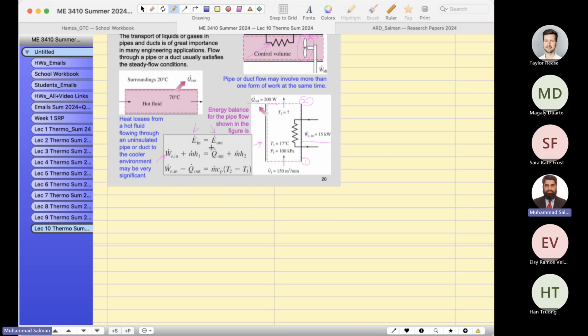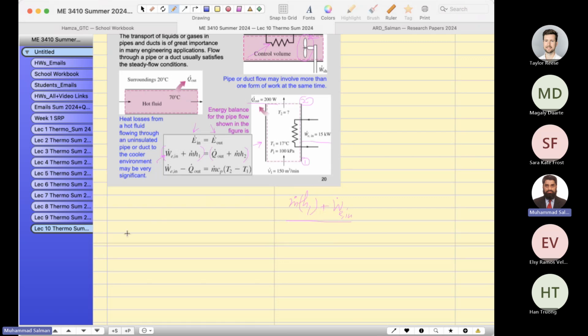So whatever is exiting is on the right hand side. Even the fluid itself contains energy in terms of enthalpy. You see my point, guys? So this is the energy which is carried by the fluid itself, other than the externally applied energy. This is how you complete the equation of the first law of conservation of energy.